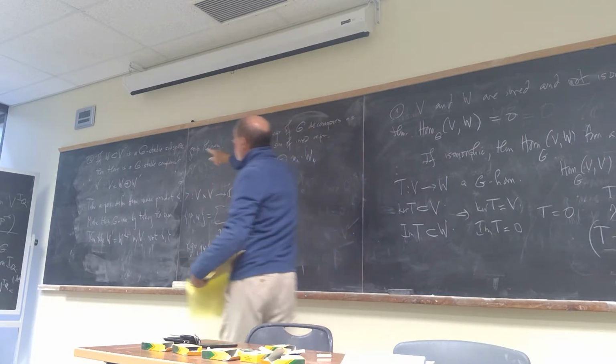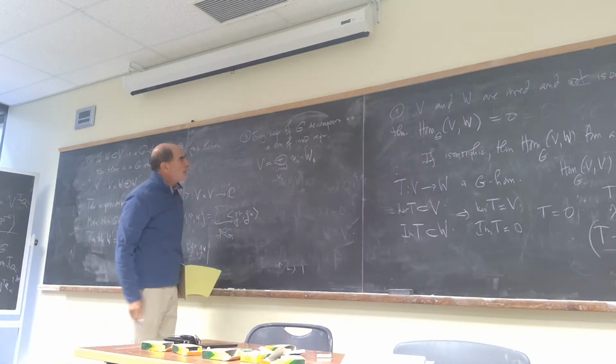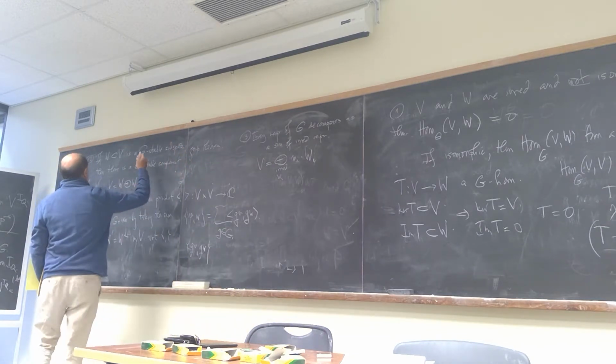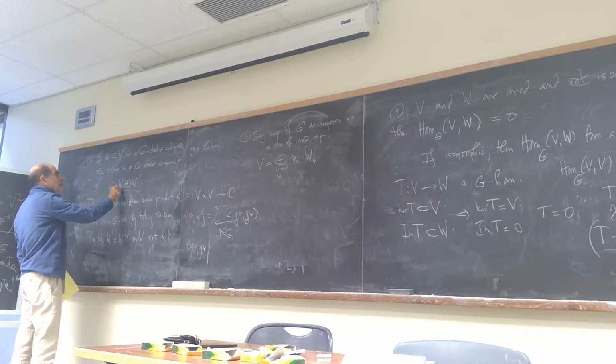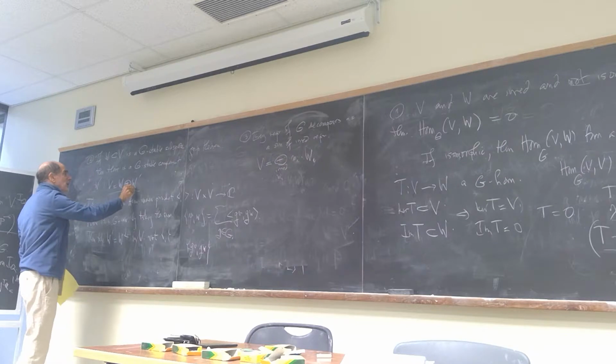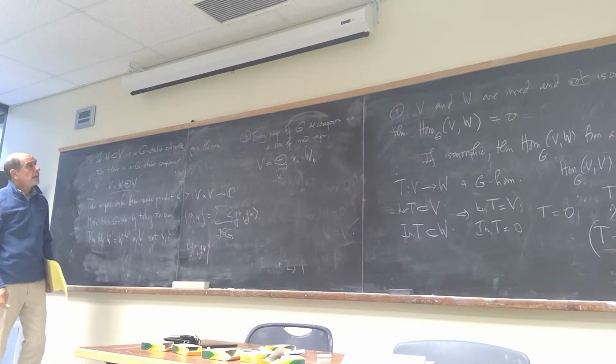Well, you just keep decomposing it. If it's irreducible, then it's of this form. And if it isn't irreducible, you find a subspace which is stable, and you take its complement. So now you have it decomposed like this. And if this is irreducible and this is irreducible, you're done. And if not, you factor in the subspaces and complements, and you keep going.